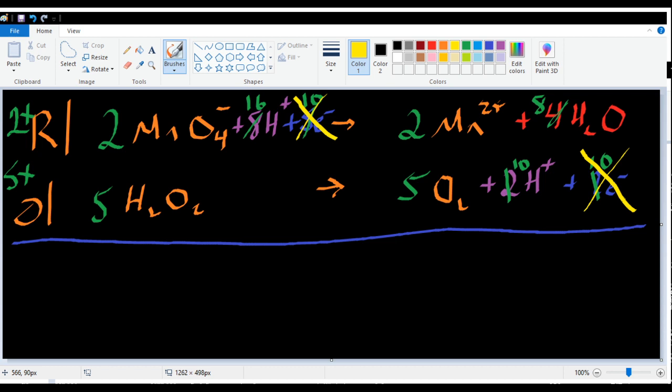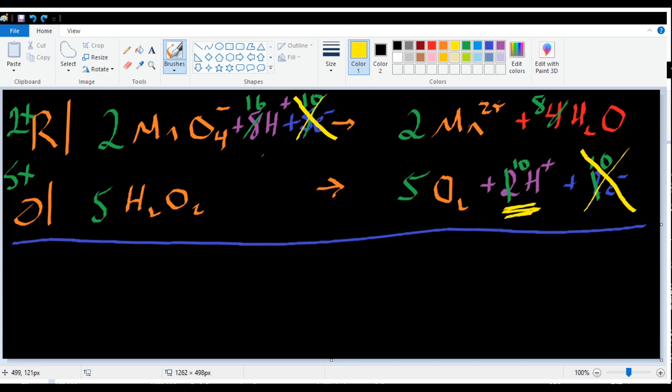Your hydrogen and your water will probably cancel out, but not perfectly. Okay. So for example, here we have 8 H2O up here. We don't have any H2O down here to cancel out with. But we do have hydrogen on both the right and the left.